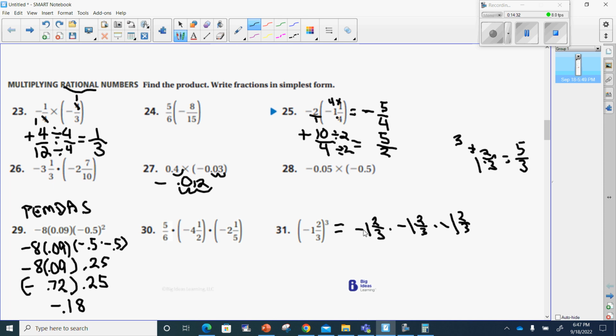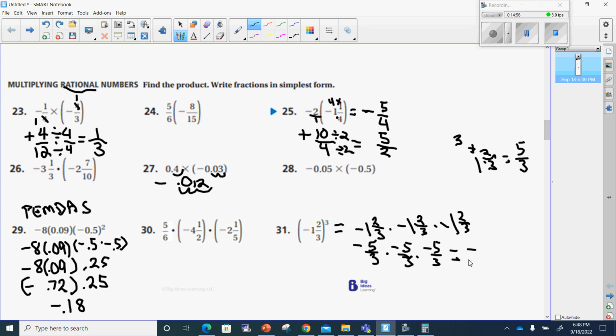Well, now that means I have negative 5 over 3 times negative 5 over 3 times negative 5 over 3. All right, a negative times a negative is a positive, and a positive times a negative is a negative.